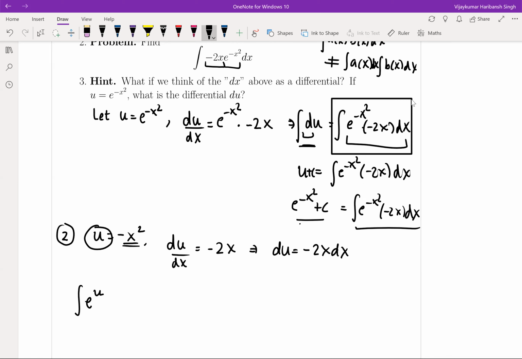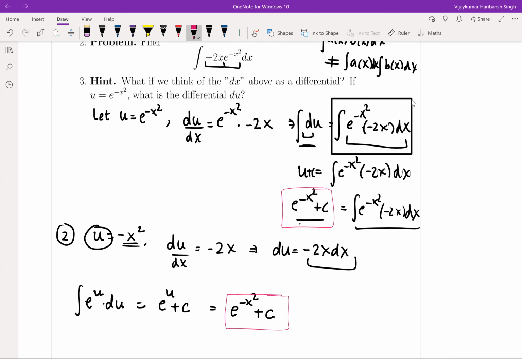So this will become e to the power u, and minus 2x dx, that is the remaining part here, I'll replace with du. And when I integrate this, I get e to the power u plus c. And then I'll resubstitute back what was my u. My u was minus x squared. So you see, I'm getting the same integral in both cases, which should not be surprising. So such a method is called the substitution rule, right?